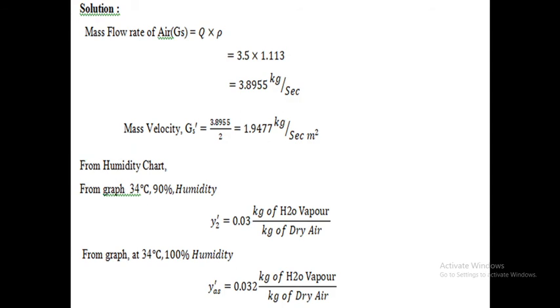On the same graph, at 34 degrees Celsius DBT, humidity is 100% because this is the saturation condition. From the saturation line, take the humidity value. That humidity is the adiabatic saturation humidity YAS'. So these two values are taken from the humidity chart or psychrometric chart.